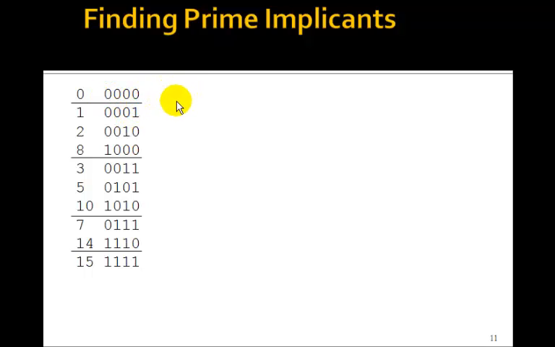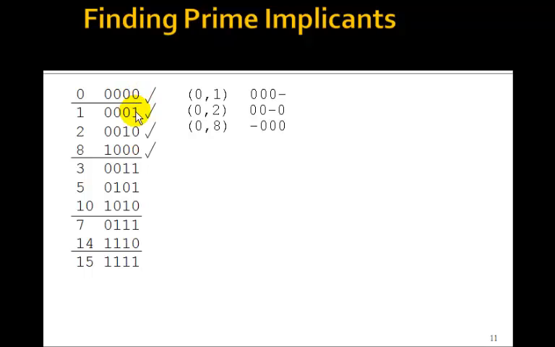Yes, that's going to be 0, 0, 0, dash, and of course we have to put our check marks in. How about 0 and 2? Yeah, 0, 0, dash, 0, check off this. How about 0 and 8? Yes, dash, 0, 0, 0. Okay, everybody see what's going on?